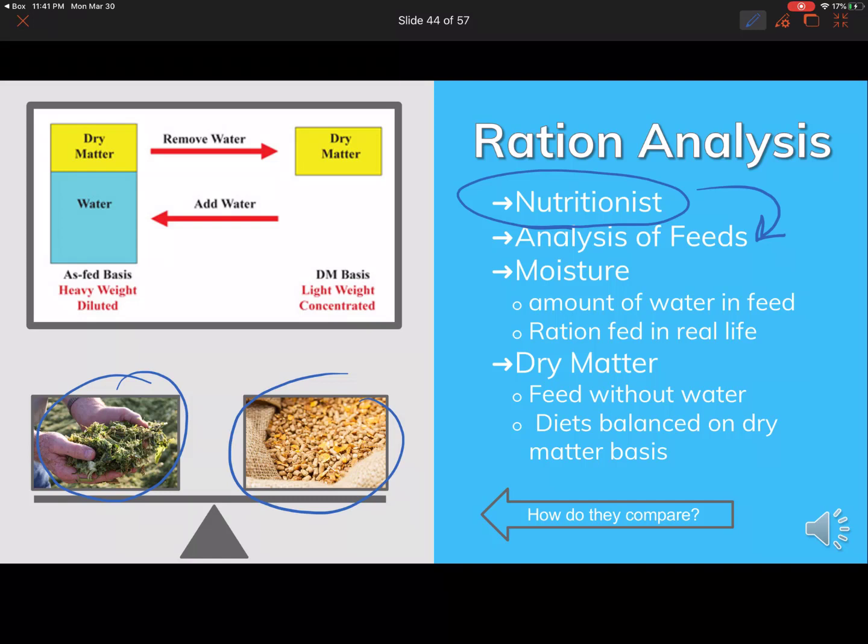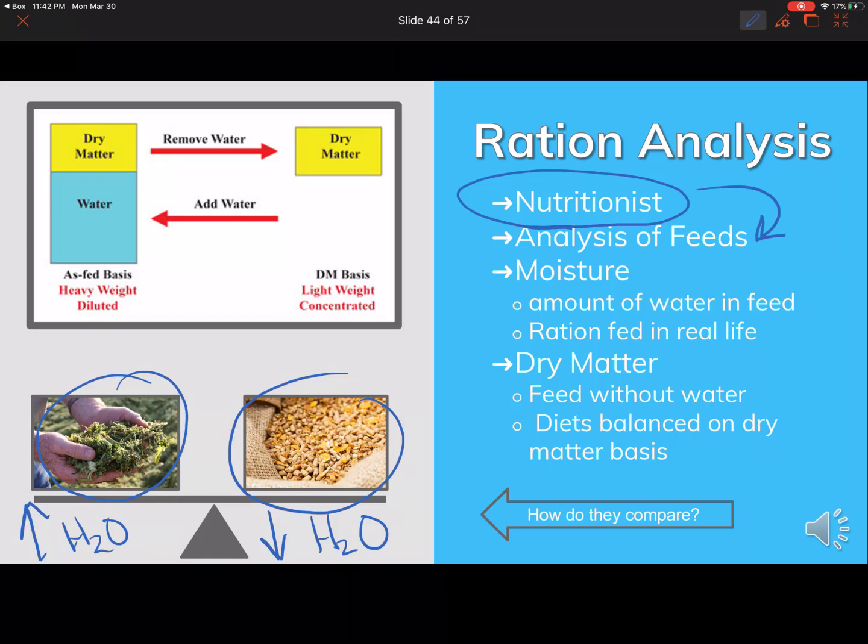Both of those have energy and protein and vitamins and minerals, but I can't actually compare them because silage can be anywhere up to 60-70% moisture, whereas the corn grain on the right might only have 5 to 10% moisture. And so I can't compare them because that water messes up the nutrient percentage.